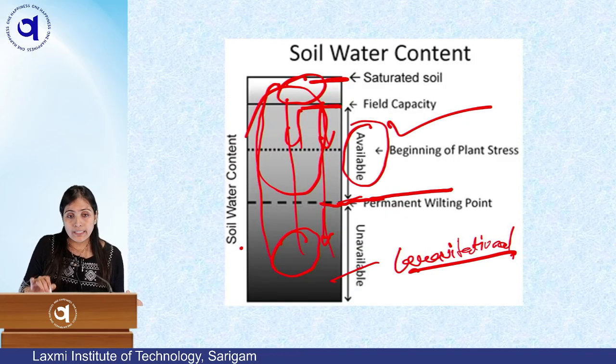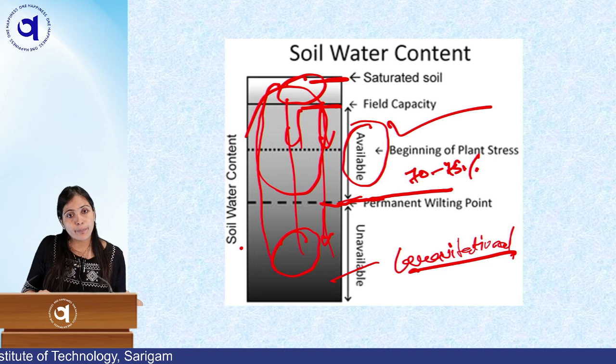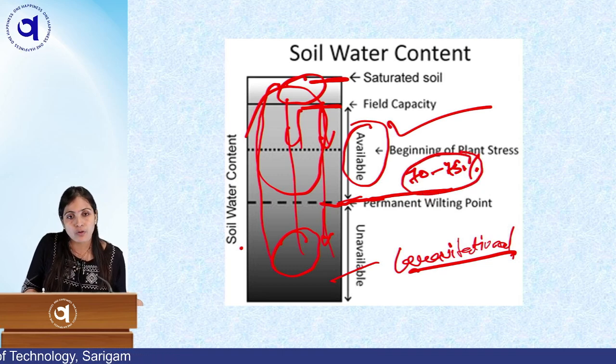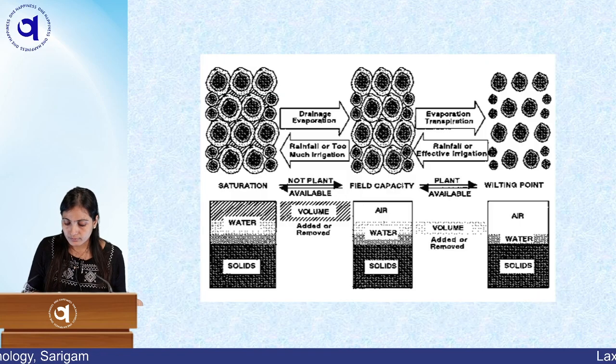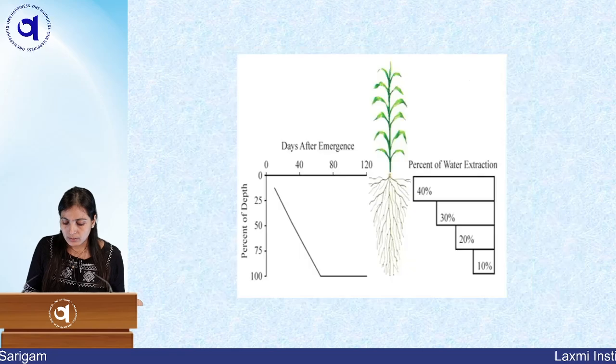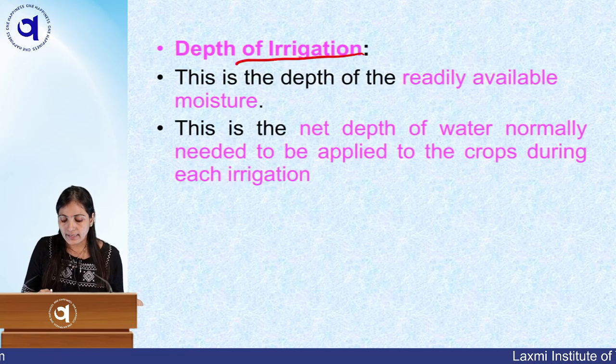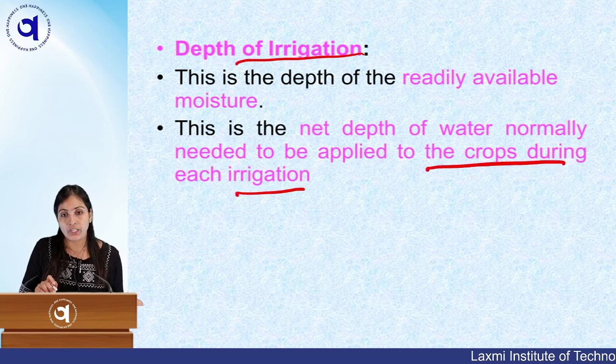But even in this available water, the plant can utilize only 70 to 75% of the water; the remaining 25% can't be utilized by the plant. This 70 to 75% of water is nothing but readily available water. So this is the depth of readily available moisture, the net depth of water normally needed to be applied to the crop during each irrigation.